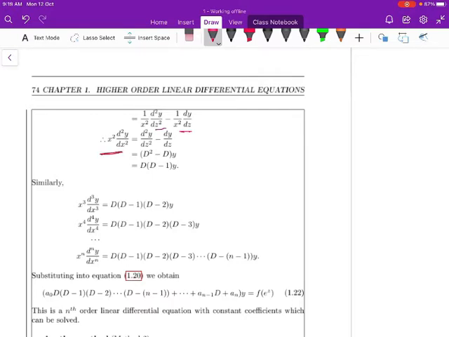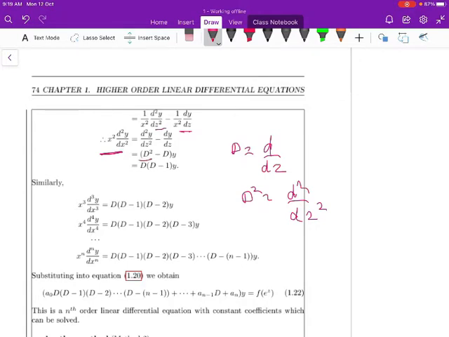So let us multiply x square throughout the equation. We will have x square into d square y by dx square is equal to d square y by dz square minus dy by dz, where D is equal to d by dz and D square is equal to d square by dz square.